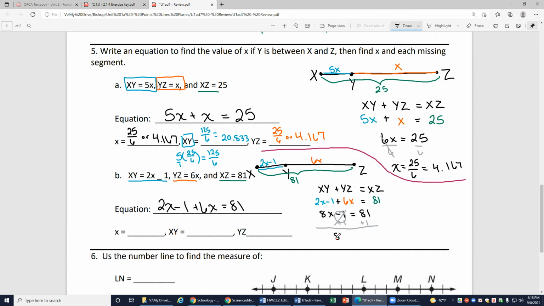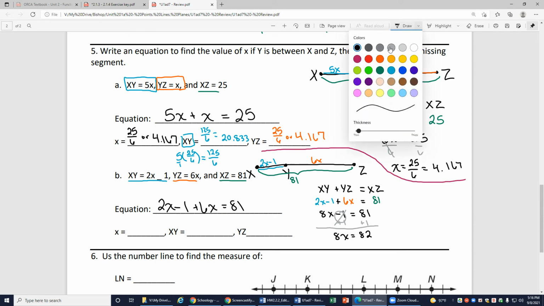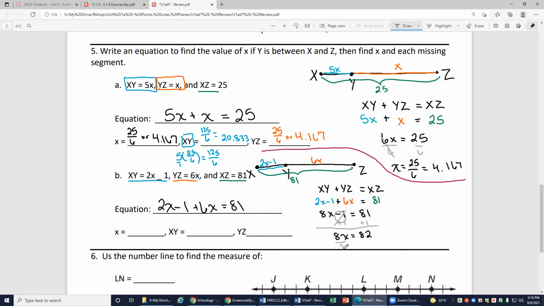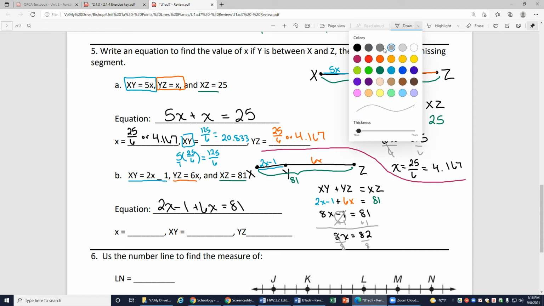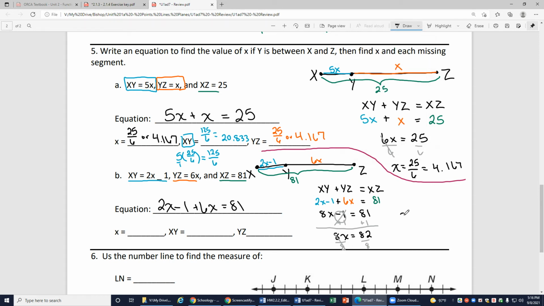So then 8x plus 0 equals 82. Divide both sides by 8. I'm giving you all these problems that don't reduce, or don't come to a nice simple number. All right, so let's see.